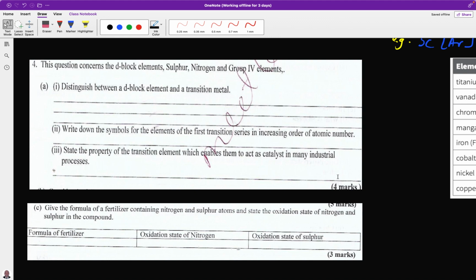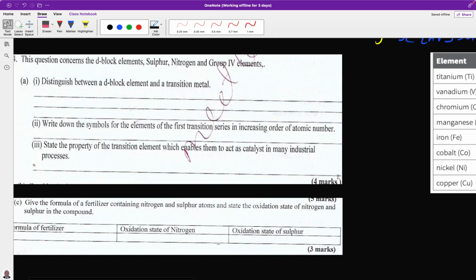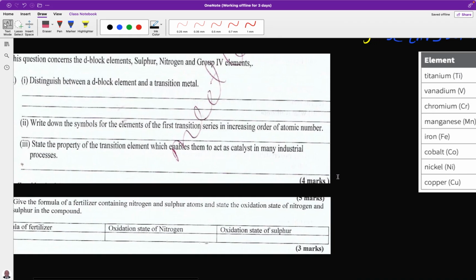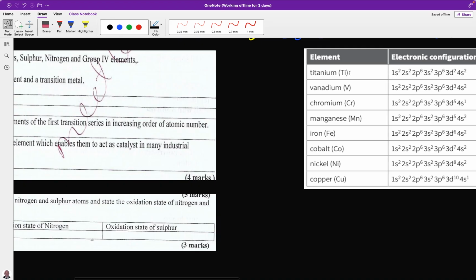Write down the symbol of the elements of the first transition series in increasing order of atomic number. Okay, you will have titanium, which I think is 22.